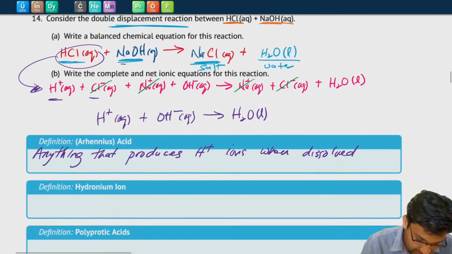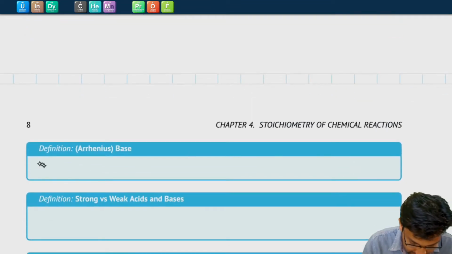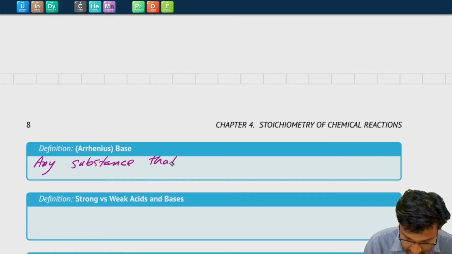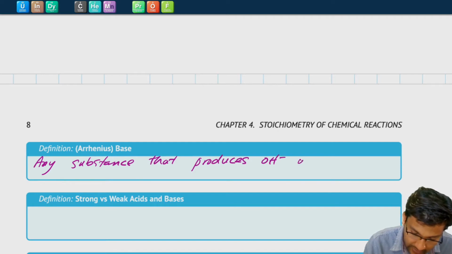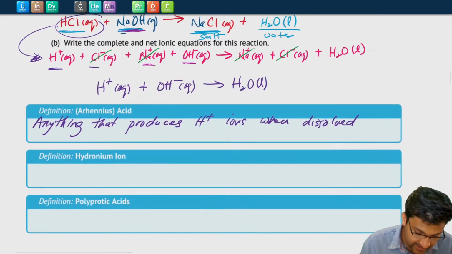And similarly, if we look at this NaOH base, when it dissolves, it produces Na plus and OH minus. And so the Arrhenius definition of a base is any substance that produces OH minus when dissolved. So those are definitions of an acid and base.